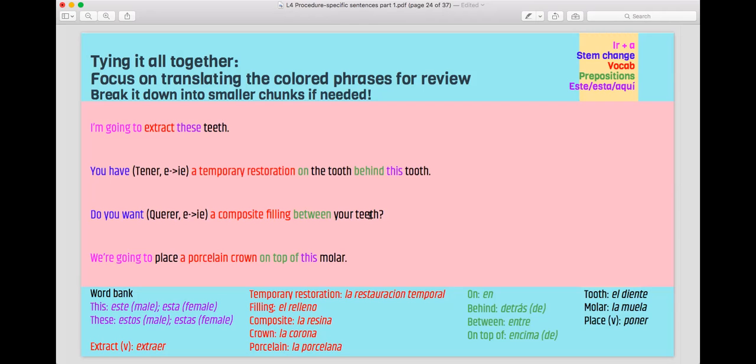Usted quiere el relleno entre ustedes dientes? Okay, very close. So relleno would just be filling, but if you wanted to say composite filling, do you remember how you would say that? Remembering that composite's a noun and not an adjective.